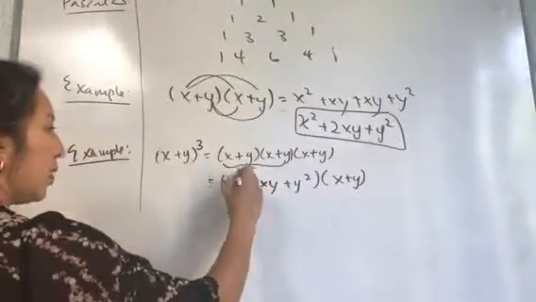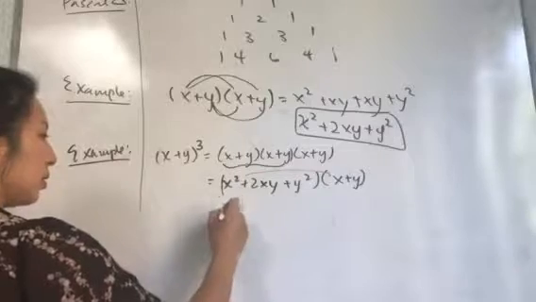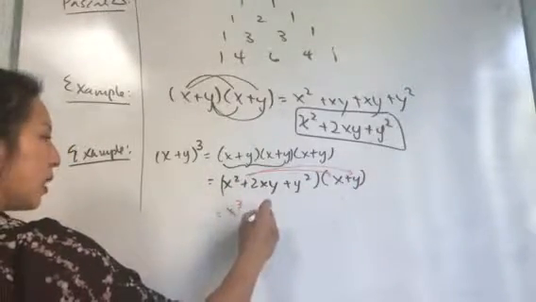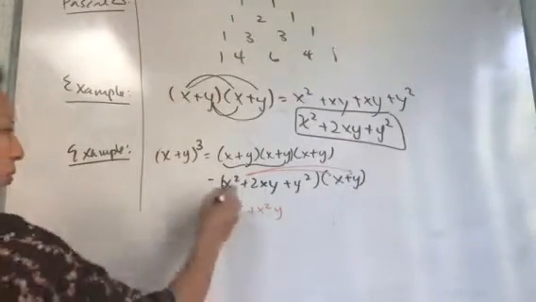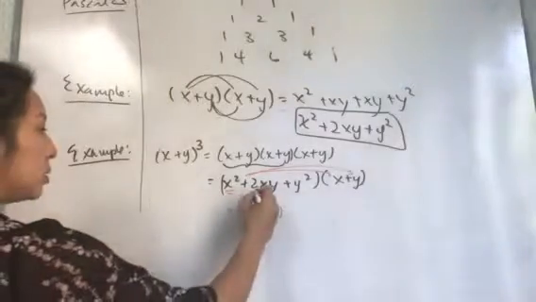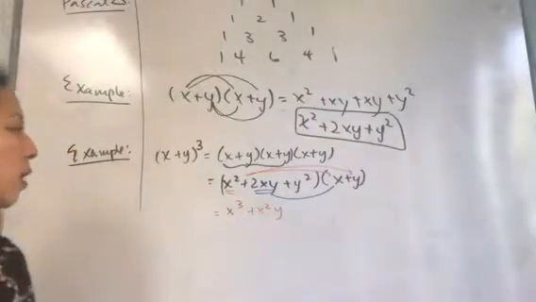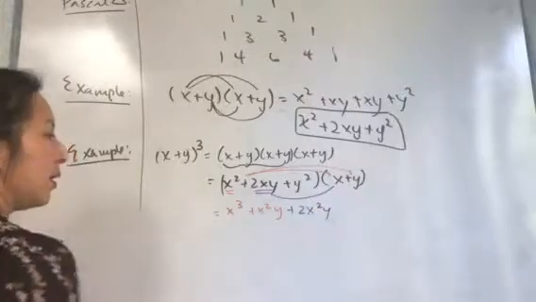We have x squared, and it's going to distribute to the x, that's x to the third. x squared times y is x squared y. We've exhausted this term, and we're going to go ahead and distribute out the next term, which is this one. All right, and so I'm going to distribute 2xy times x. That gives me 2x squared y.